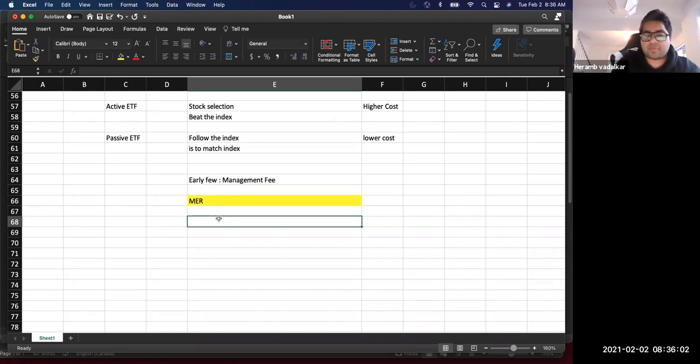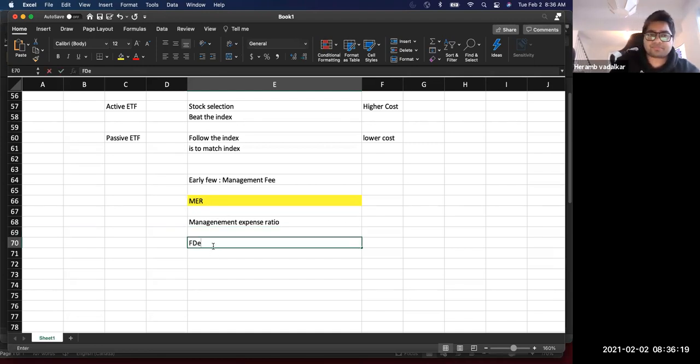The full form of MER is management expense ratio. Now, a key important point to note: this MER is a fee that you pay on the assets you hold.